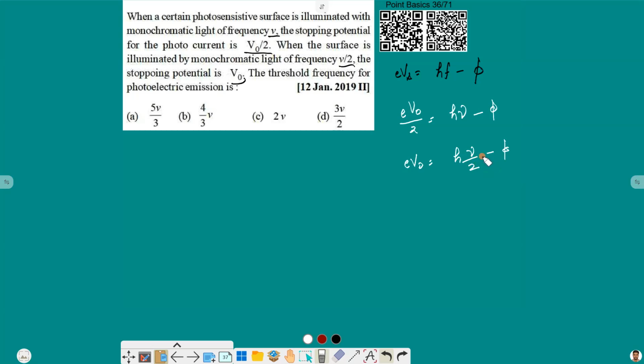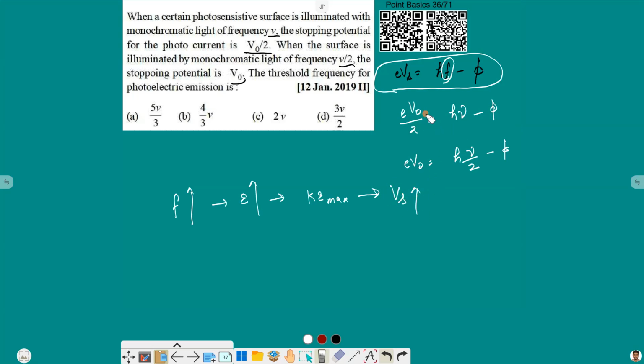So what can I do now? If you have observed this rule clearly, then you might have a doubt: as frequency increases, what will happen? Energy will increase, and if energy is increasing, maximum kinetic energy will increase, and then stopping potential will also increase.